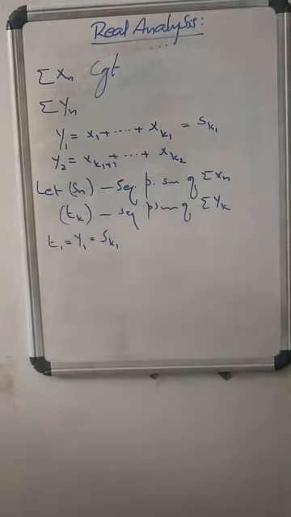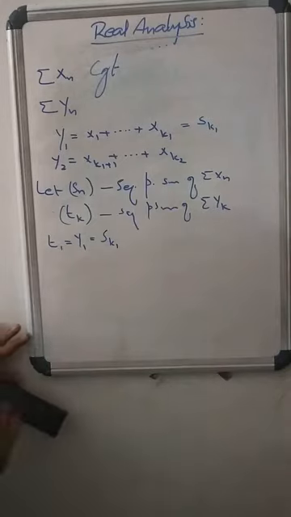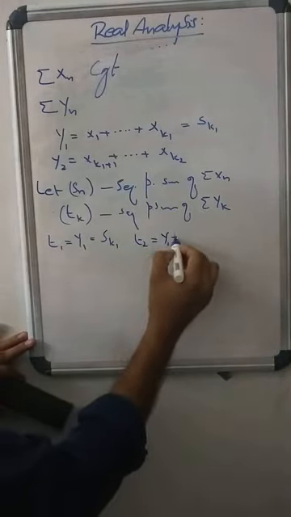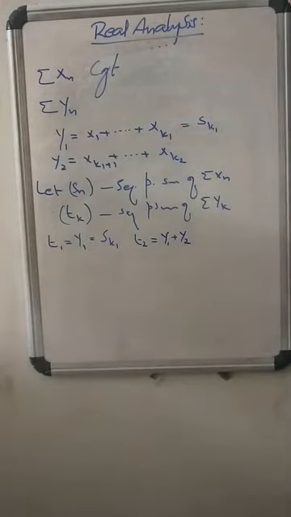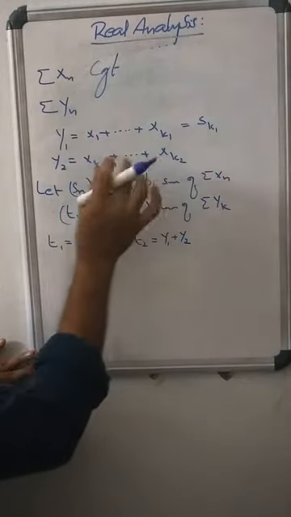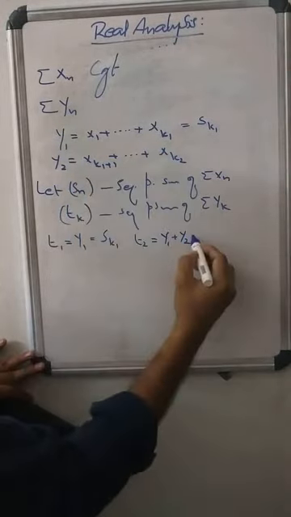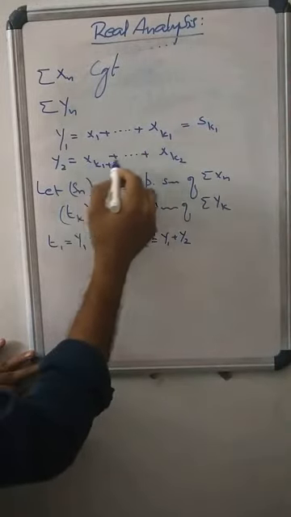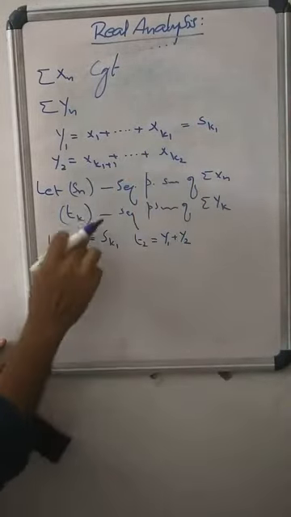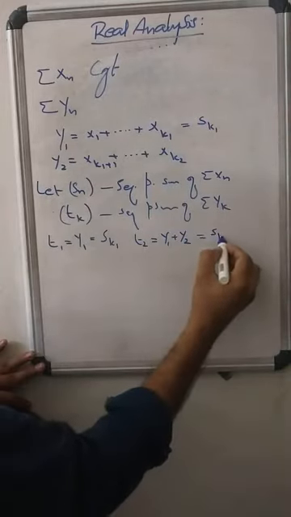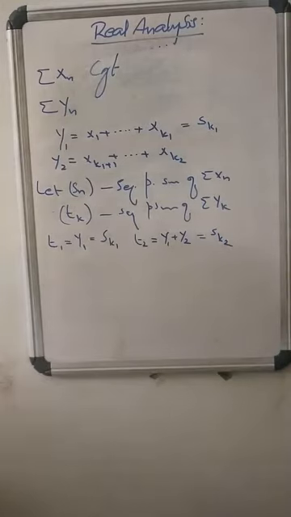What is T2? T2 equals y1 plus y2, that is the partial sum. So y1 is S_k1, plus y2, which is x_(k1+1) plus, etc., plus x_k2, and together this is nothing but S_k2. So T2 equals S_k2 and so on.